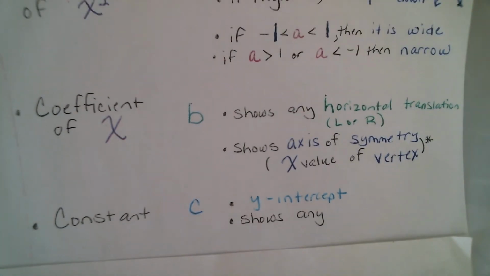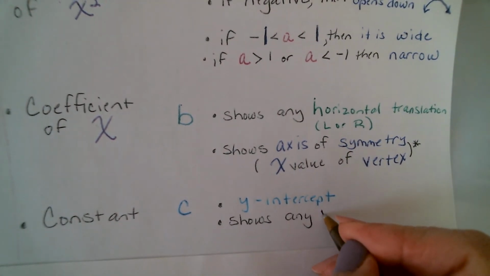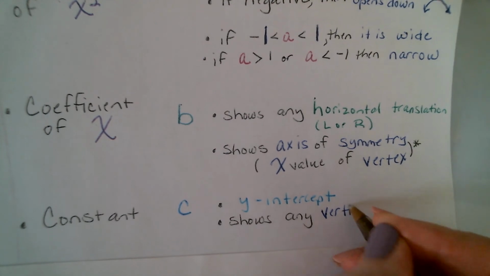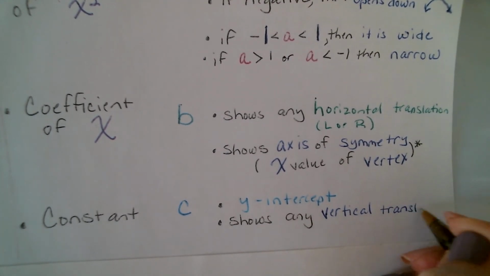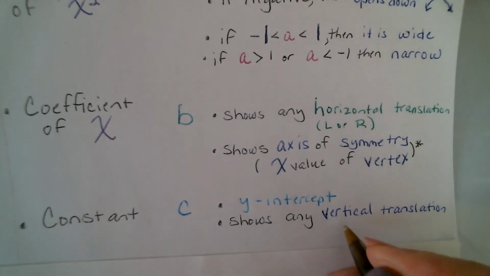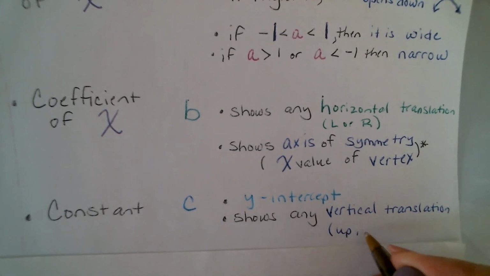And if you can think about this being horizontal, well, we're going to get vertical translation. And vertical translations then are up or down. And that makes sense, I think, for you if you recognize it's about the y-intercept, right? So up, down.